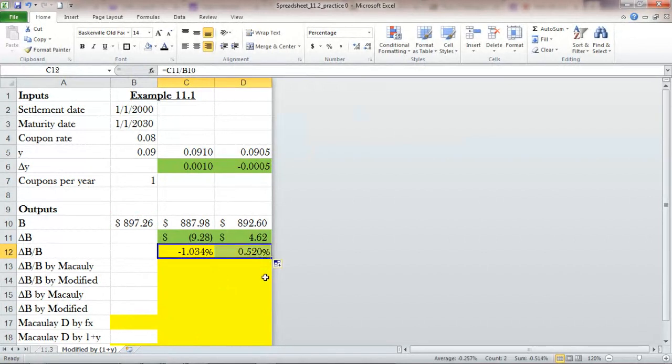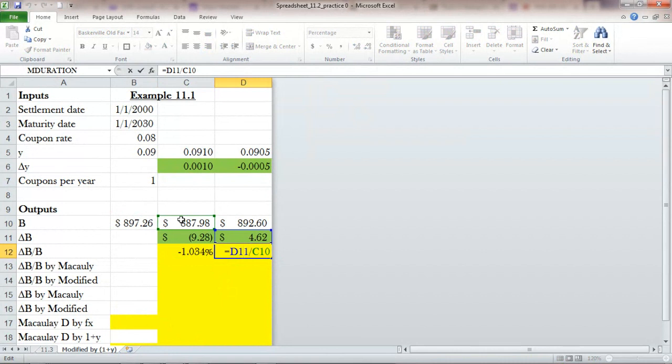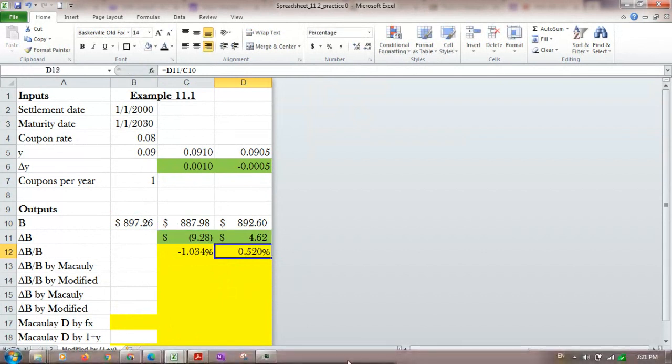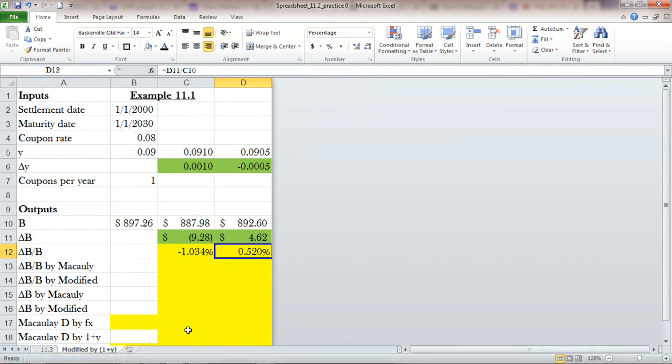And then if you drag it to the right, this is the change in bond price over the previous bond price. So we got the percentage change.